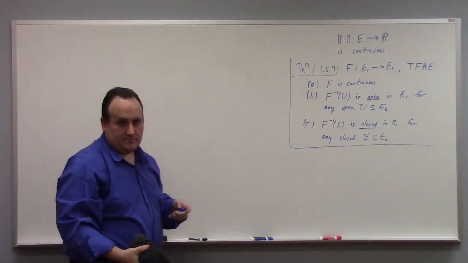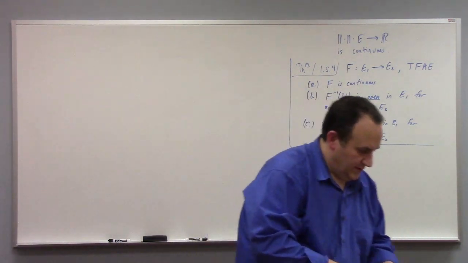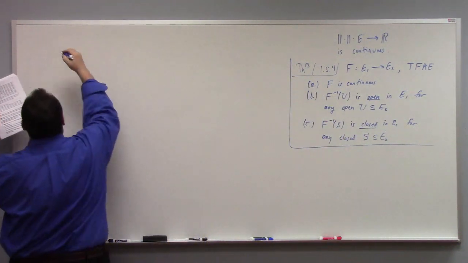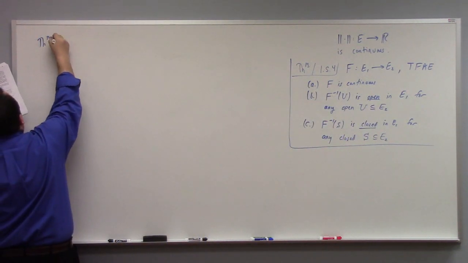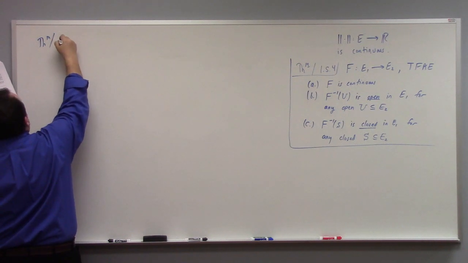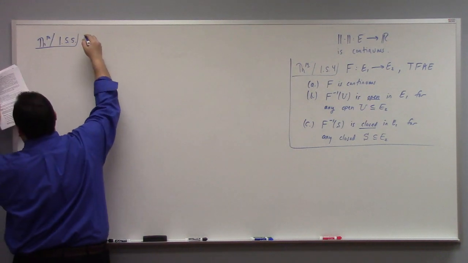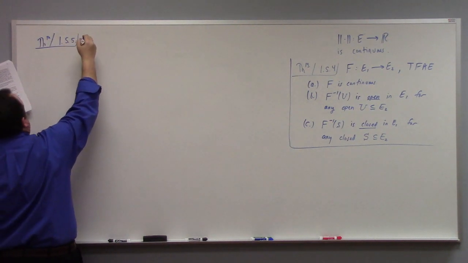There we go. This one is really cool. I like this one. Because, well, I love linear algebra. And this is just another example of how awesome linear maps are. Check this out.